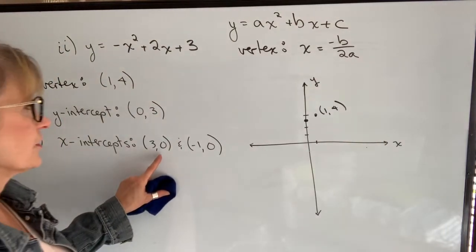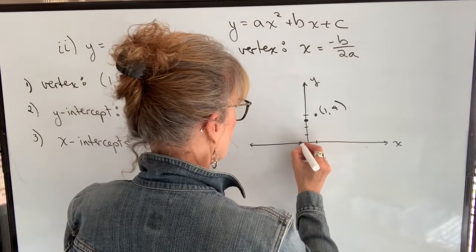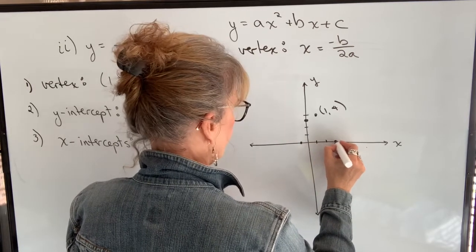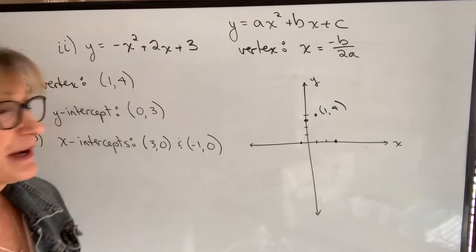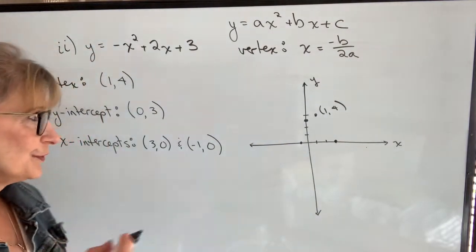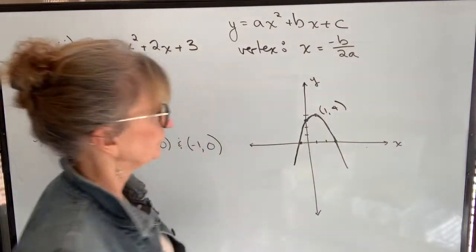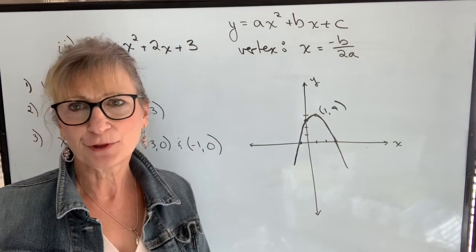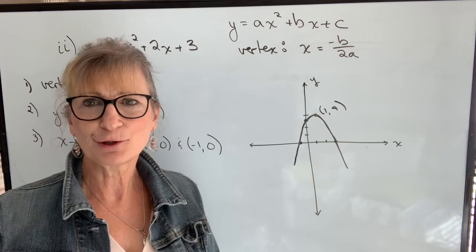We have an x-intercept at (-1, 0) and at (3, 0). So this time I have 4 points to work with, and now I'm going to try to draw my parabola using those points. And that gives us a fairly good idea of what that quadratic function will look like.